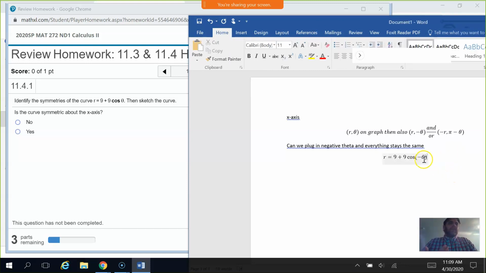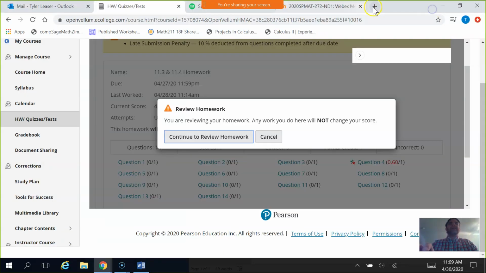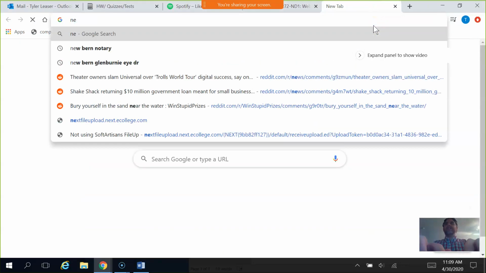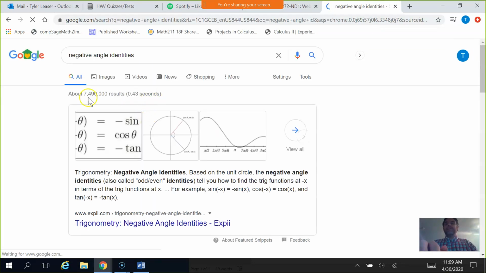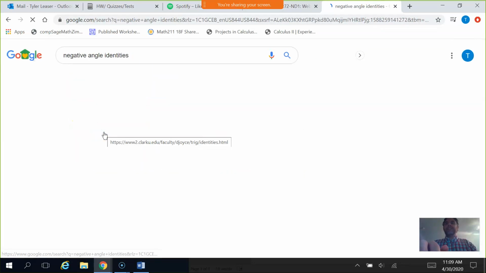Inside of cosines and sines, whenever you have a negative angle, we have these properties for it. If you still have that trig identity sheet that I gave you in the past, that would work. Otherwise, just look up negative angle identities. They should be pretty easy to find.